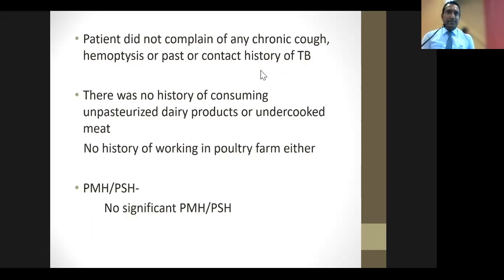The patient did not complain of having any chronic cough or having a contact history of TB or past history of TB. And he denied any history of consuming unpasteurized dairy products like milk, and there was no history of working in a poultry farm either.